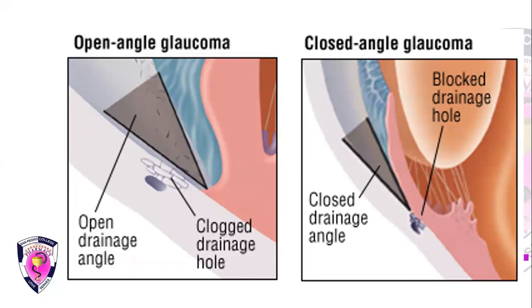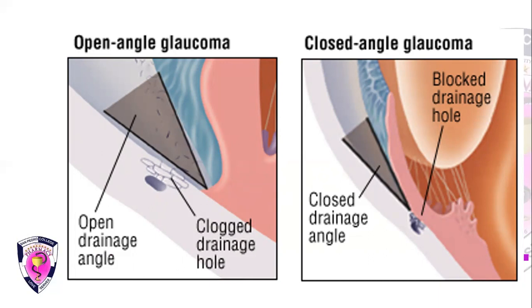By the way, I mentioned earlier the condition glaucoma. As a short overview, it's a condition wherein there is increased intraocular pressure, because of the accumulation of a specific type of fluid in your eye.